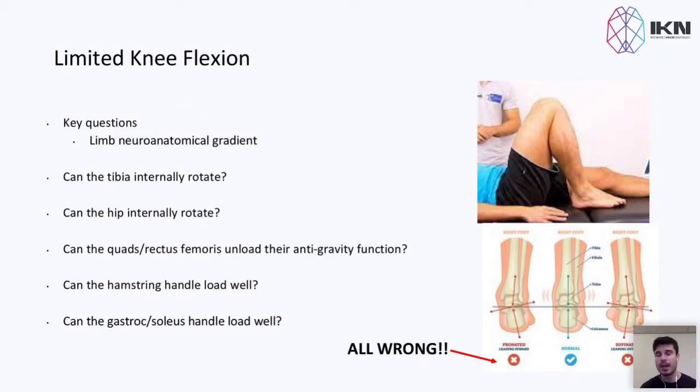So it's about looking at how the muscles behave, how the joints behave, but also how the nervous system interacts with the limb as a whole. So if the nervous system doesn't trust the limb as a whole to handle a stress, you're probably going to move those joints into a closed packed position, right? So the knee might go into full extension because it's a closed packed position.